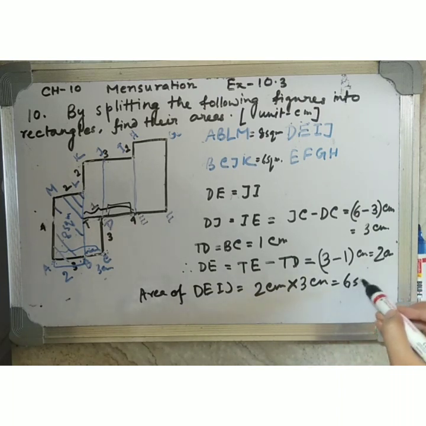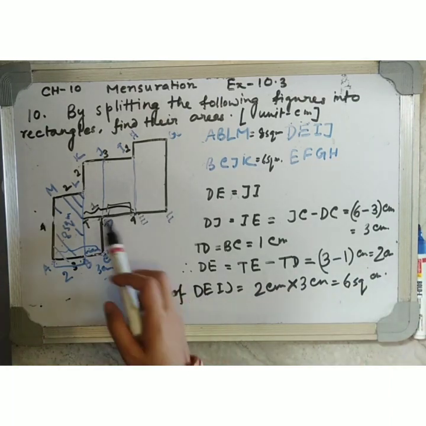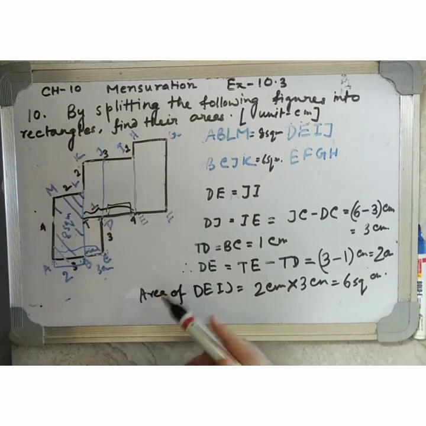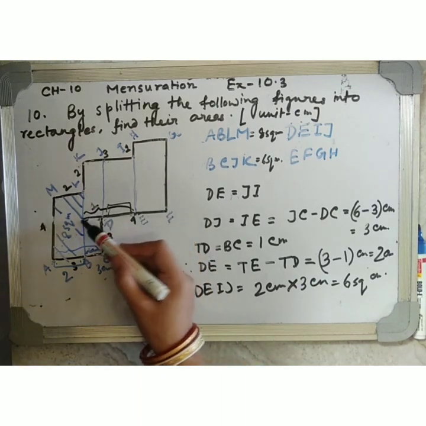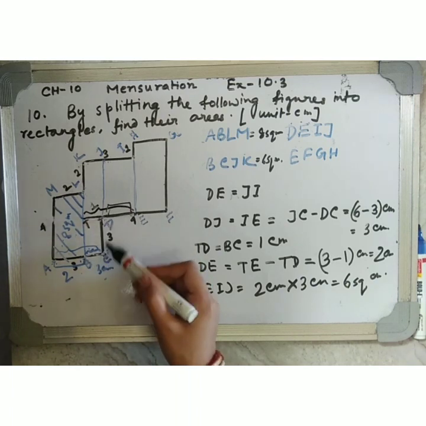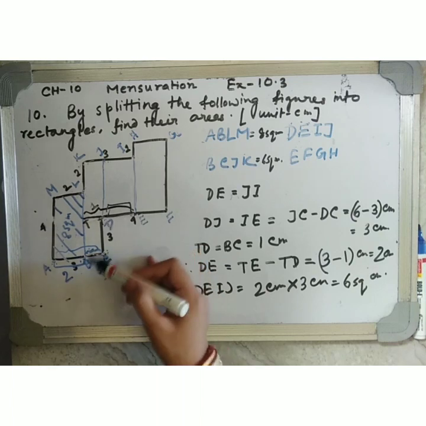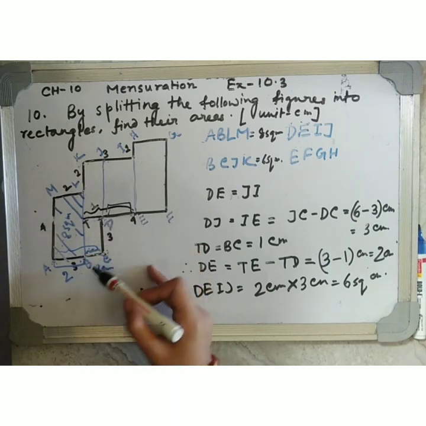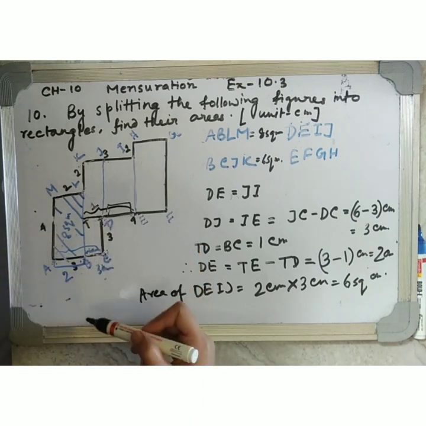So 6 square centimeter. Okay, now how we have found the length of DE? We have just drawn this line TD. Okay, now we know the length of TD because TD is parallel to BC, or TDCB is also a rectangle where BC and TD both are opposite to each other. So definitely these two sides will be equal in length.